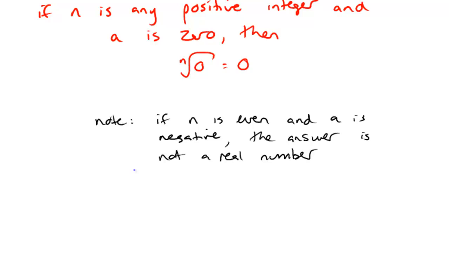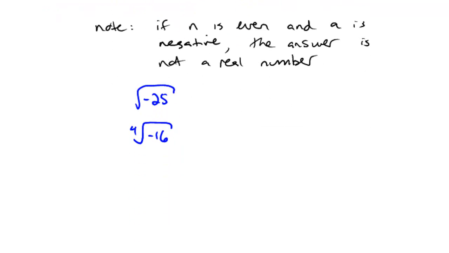So for example, the square root of negative 25, the fourth root of negative 16, or any even root of any negative number, these guys are not real.